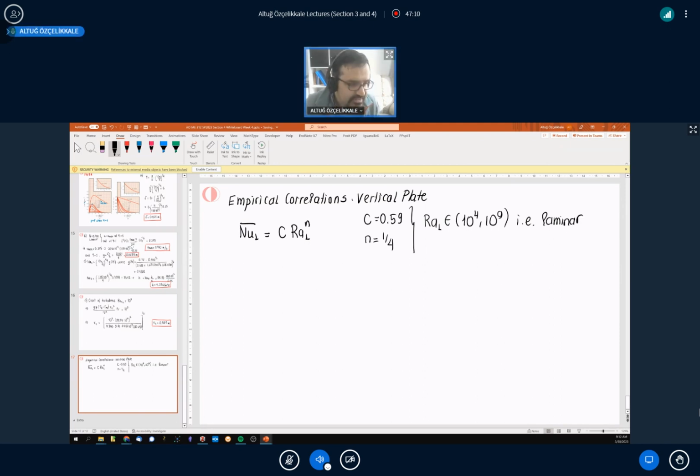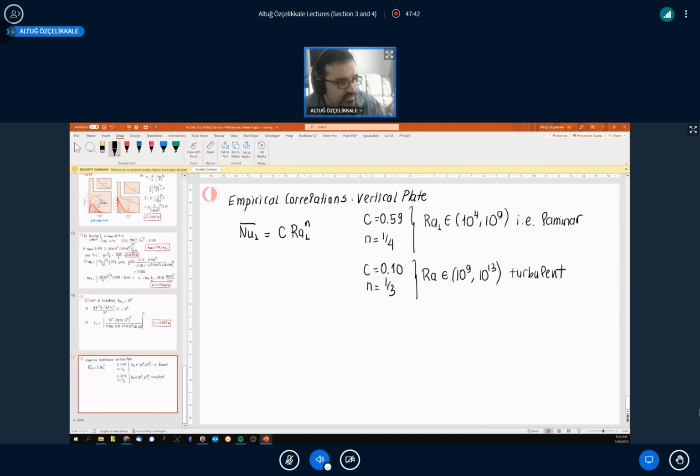Okay, so what else can you have? 0.10 and n is equal to 1/3. And these are for the Rayleigh number range of 10 to the power 9 to 10 to the power 13. Clearly, we are now talking about turbulent conditions.